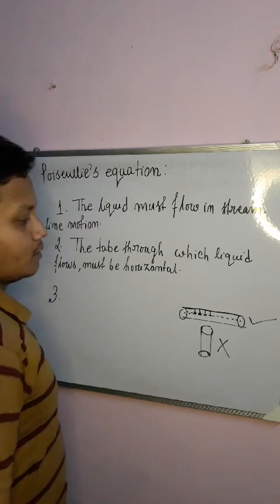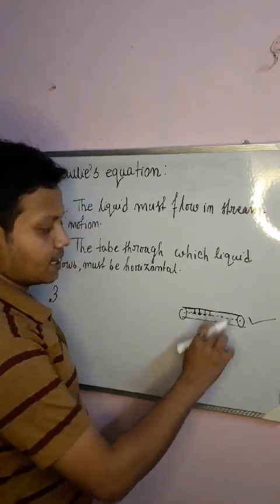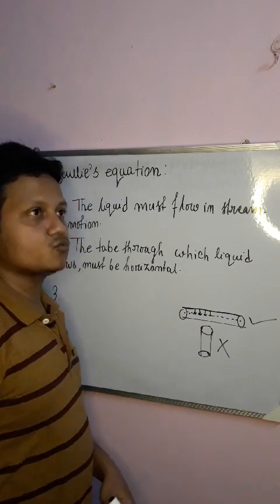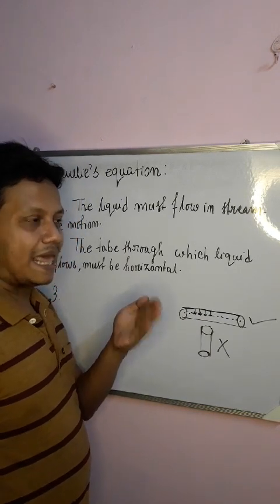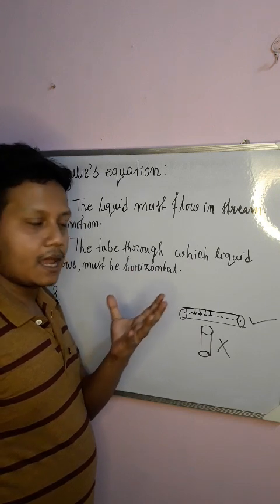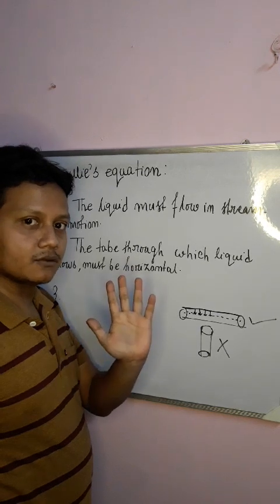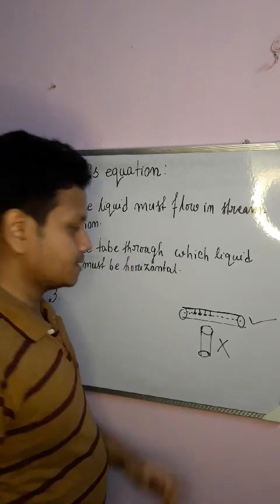The velocity of the liquid layer along the axis is maximum, and as we move away from the axis, the velocity decreases, and that's why the upper layer is at rest.